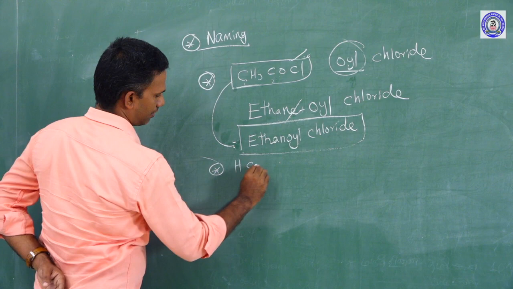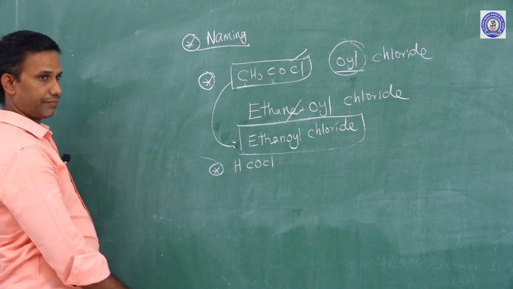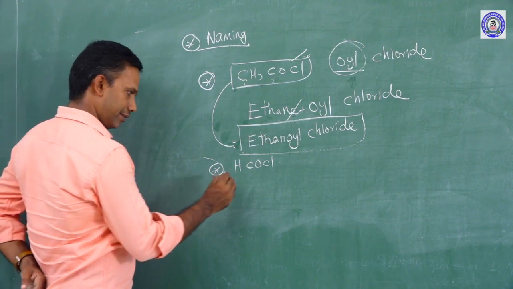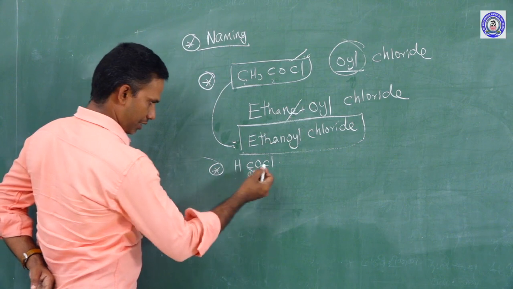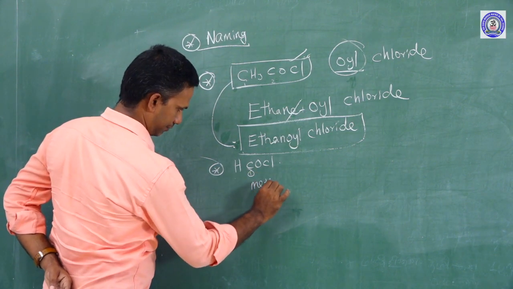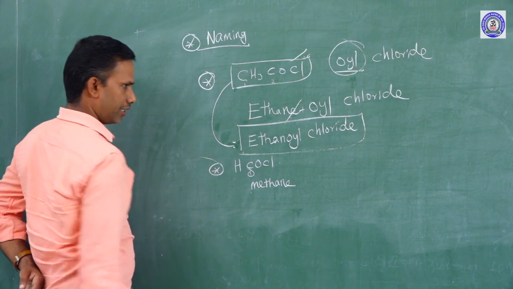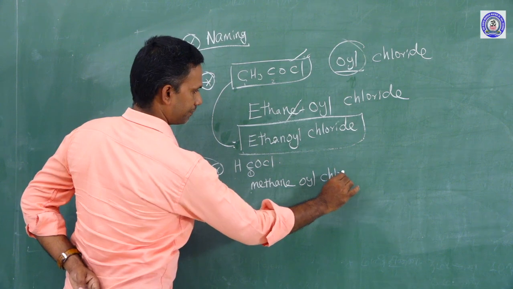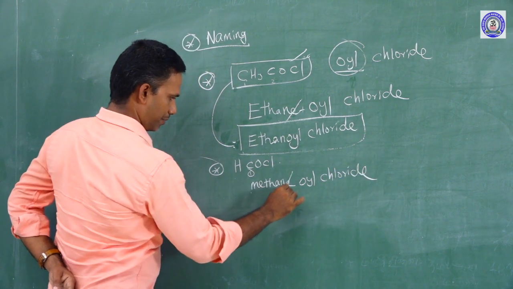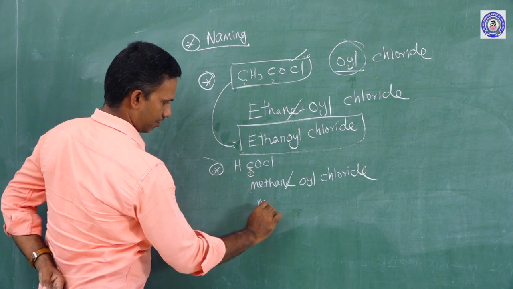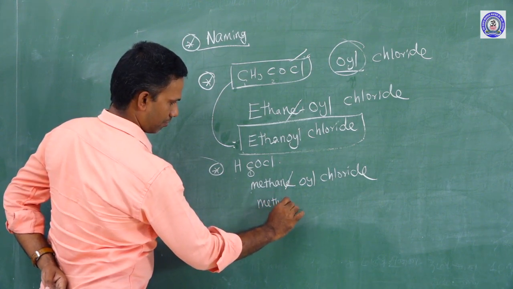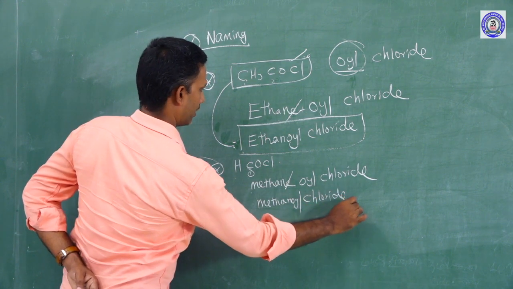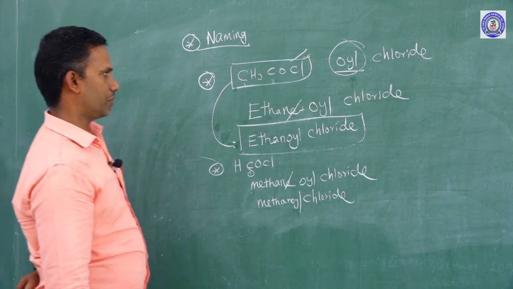Let us do some more practice. What is this? Formyl chloride. So count the number of carbons: 1. Saturated, so methane. 1 carbon is meth, methane, OYL, chloride. E should be eliminated: methanoyl chloride, like ethanoyl chloride, and so on.